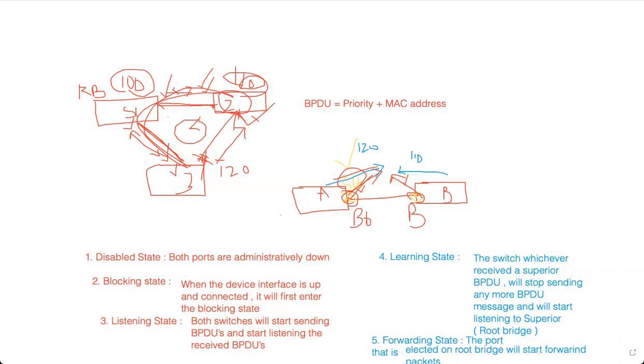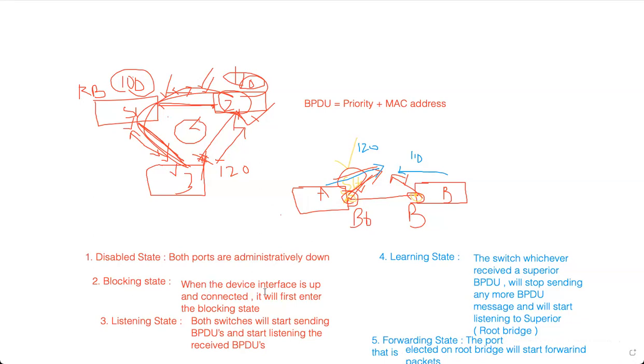So in this case, the port that is elected on the root bridge, let's say B, this port will start sending the packets. The other side will listen to the packets because this one will be in the forwarding state of the root bridge. So these are the different states of root bridge election.